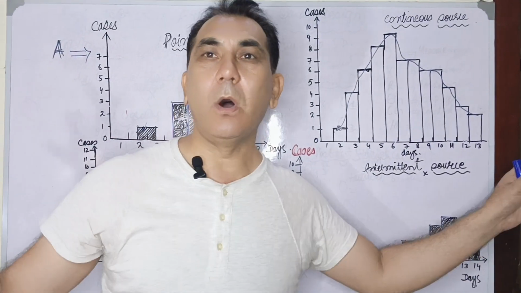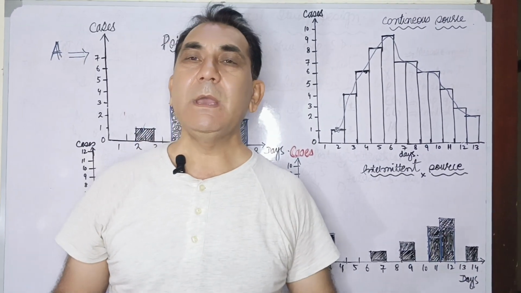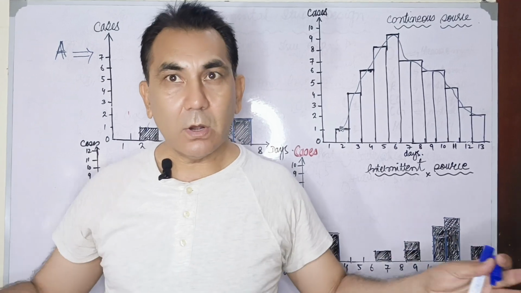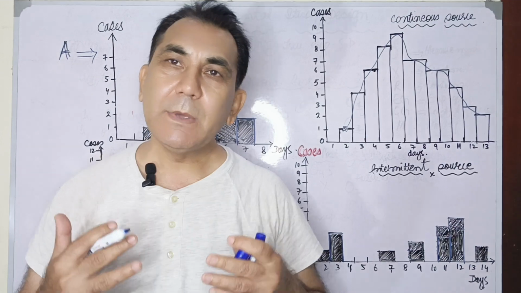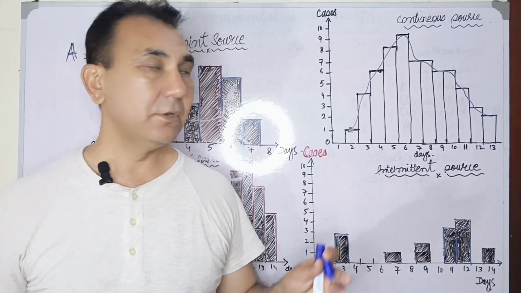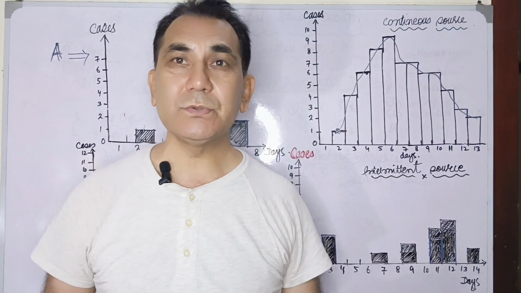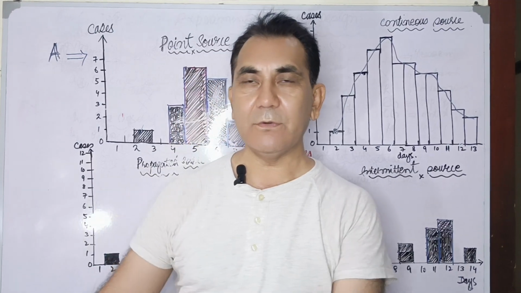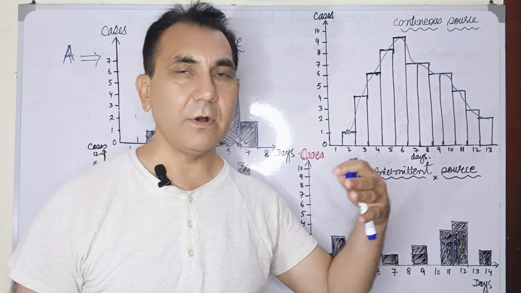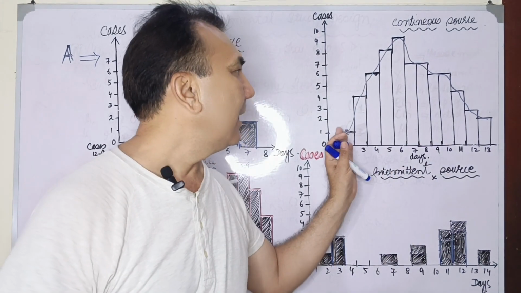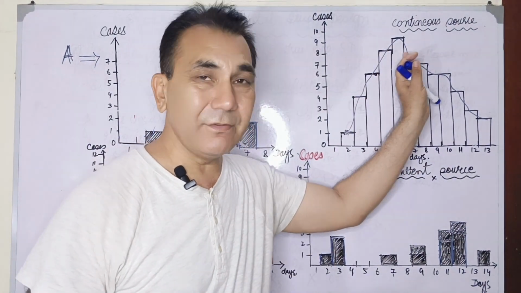It may be a longer time period, longer in days, weeks, months or years. So it is called the continuous source. In the continuous source, the first case infected other people. It spreads from person to person, and it is continuously increasing.